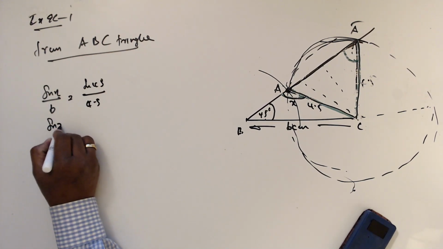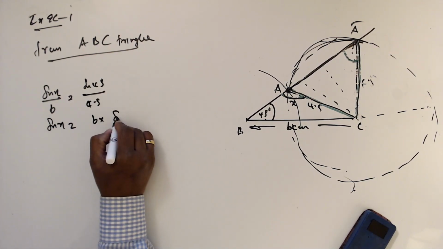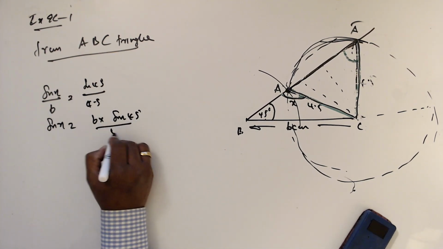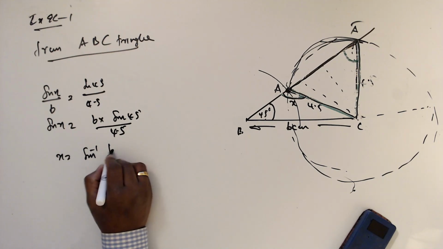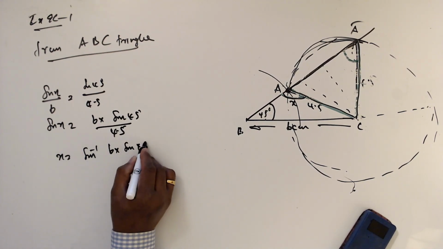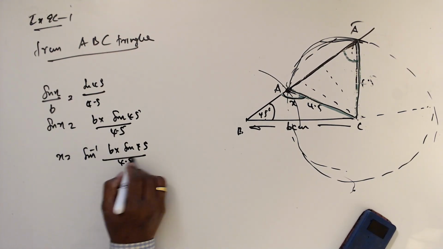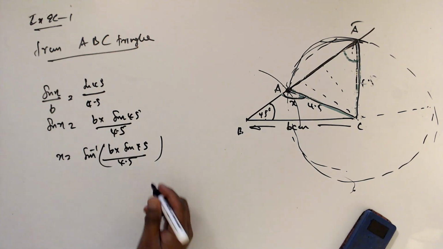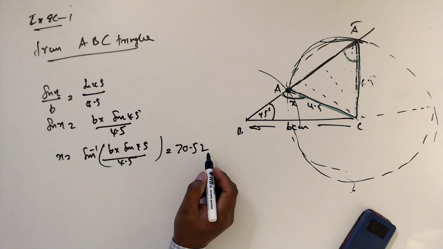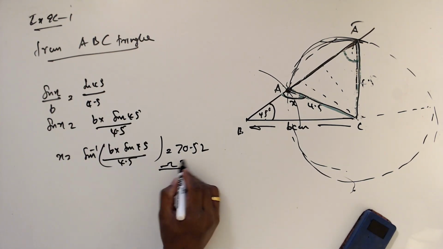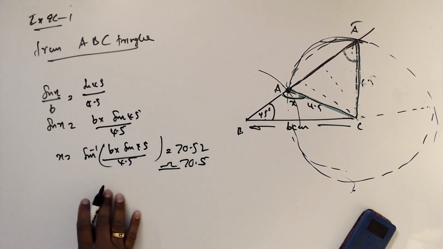So sine X equals 6 times sine 45 over 4.5. X equals sine inverse of 6 times sine 45 over 4.5. You get this answer 70.52. So approximately let's say 70.5.